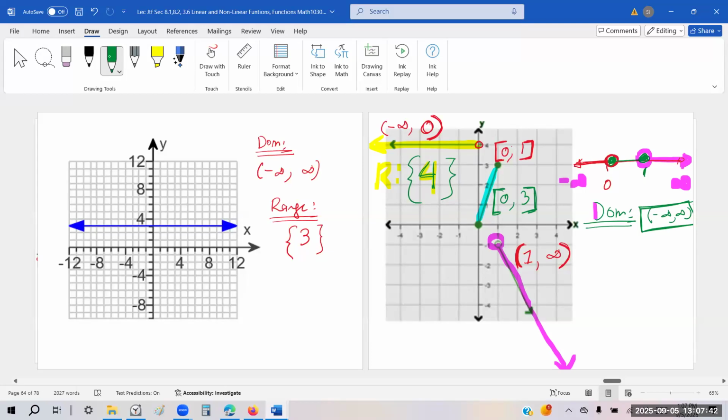And now in the last piece, what is the smallest y value you see? Negative infinity, so parentheses. And in this piece, what is the largest y value? Negative 1. But do you have any value for negative 1? No. So it's parentheses.